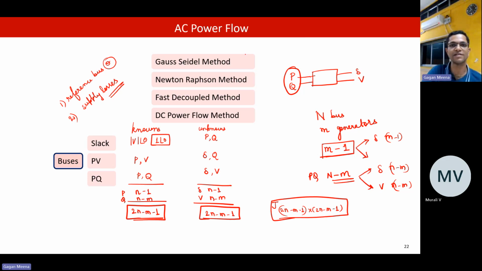We already discussed that Gauss-Seidel has linear convergence. What about Newton-Raphson? Newton has quadratic convergence, that's why it converges fast.